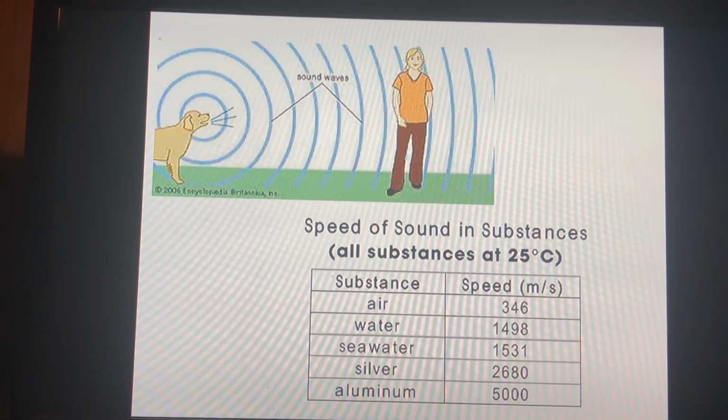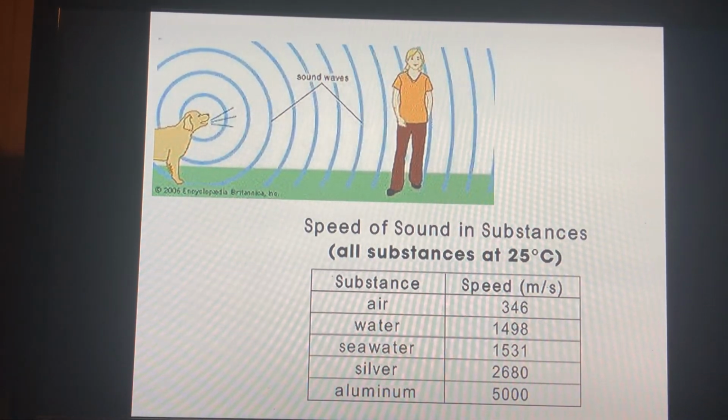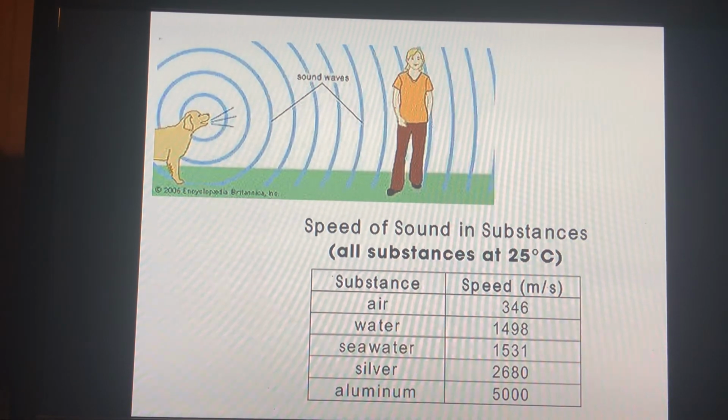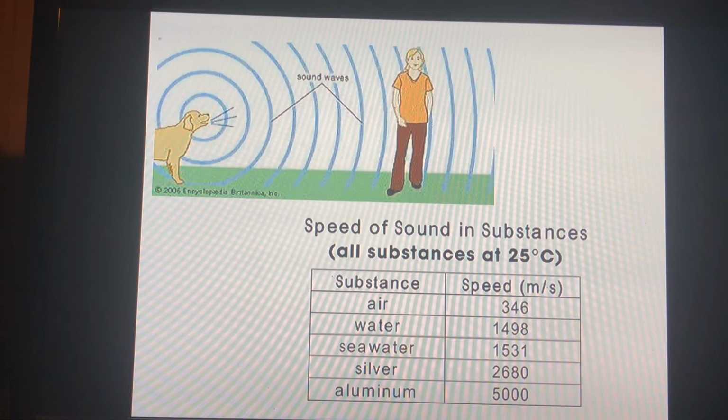In a gas, they're far apart. One atom might be vibrating, and then 2 feet away, another atom is vibrating. And so it's not as easy to pass on the vibration in air as it is in water, where the atoms are more closely packed and where it's easier to pass on the vibration, and even more so in solids.